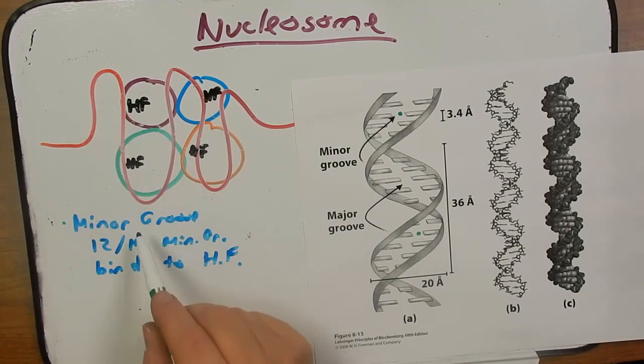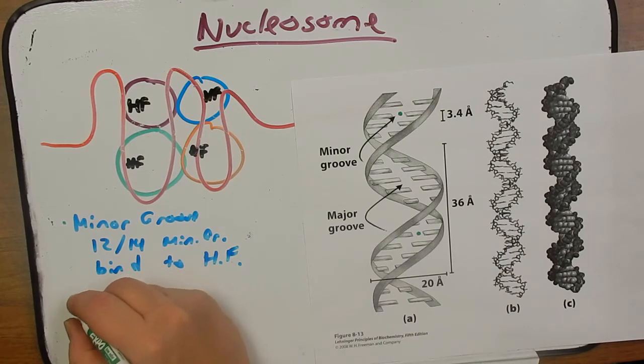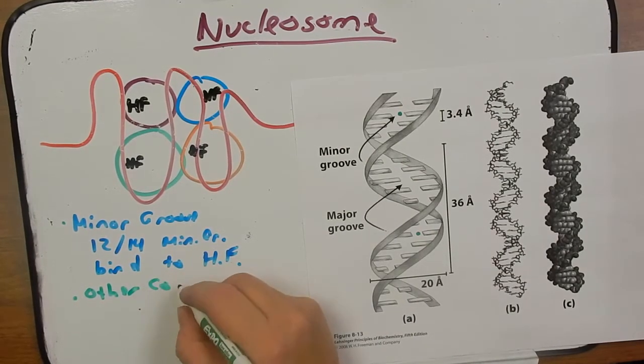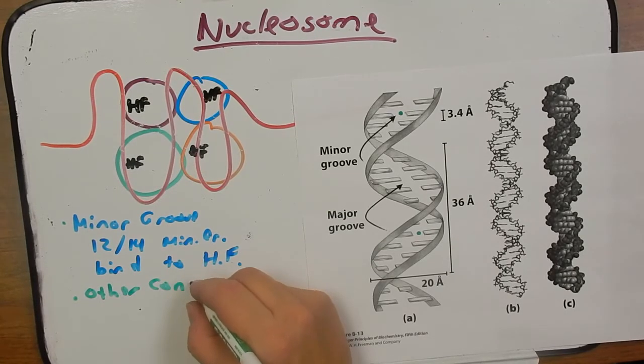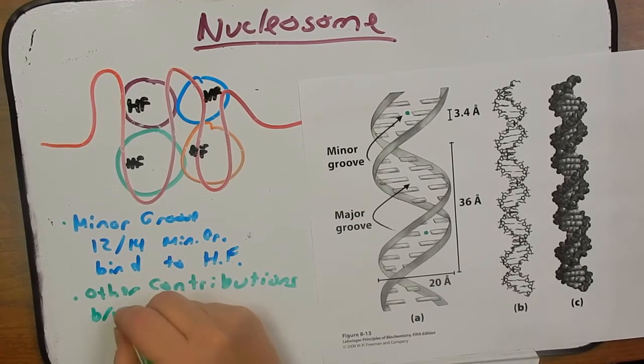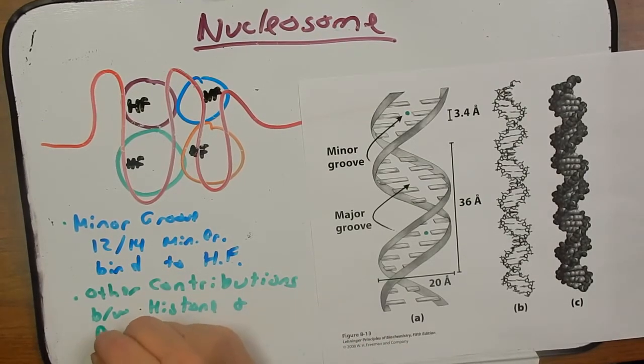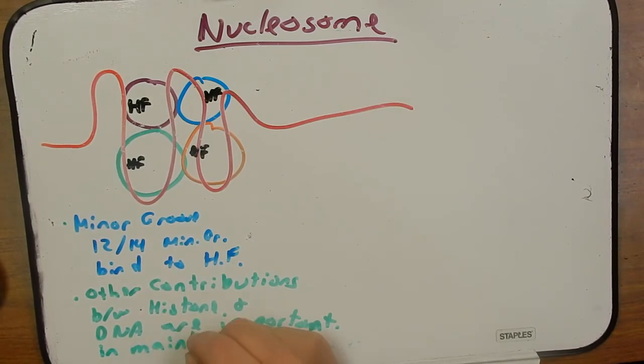In addition to the DNA binding right into these minor grooves, we know there are other contributions that can't be ignored in maintaining the stability of the structure. So other contributions between histone and DNA are important in maintaining stability.